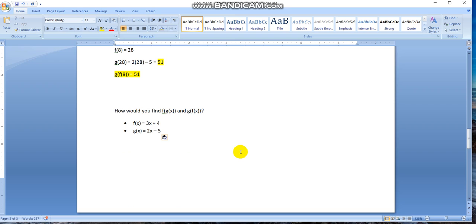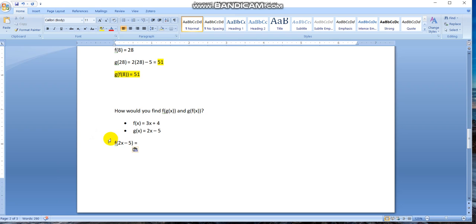When you substitute the expressions here, we want to take g of x. If we're considering f of g of x, what we're doing is taking g of x here, and this is going to be our new input. So I'm plugging this in right here.